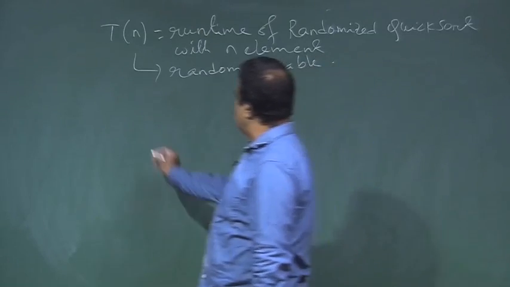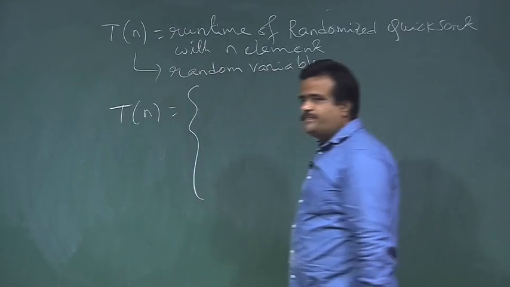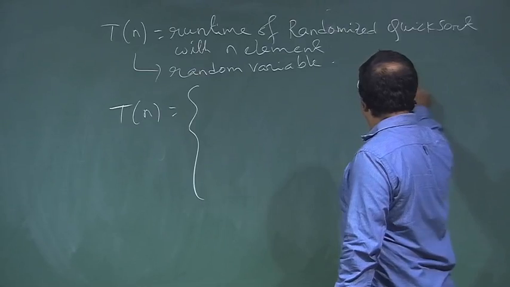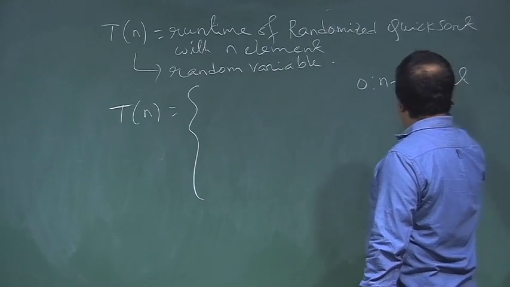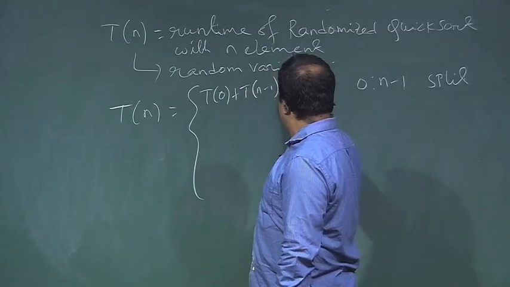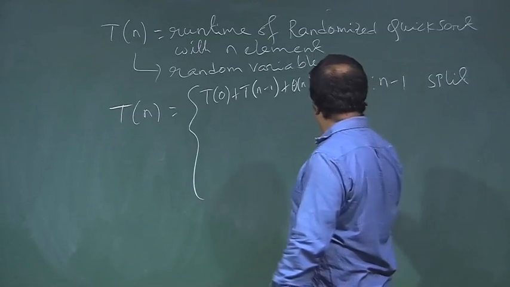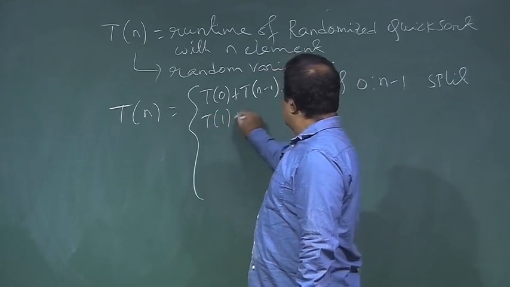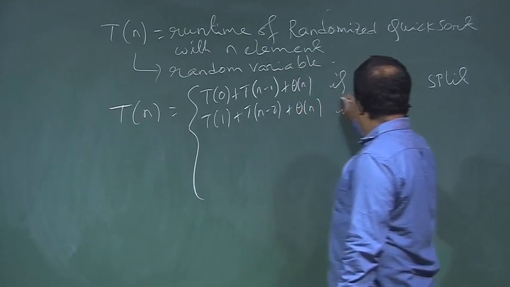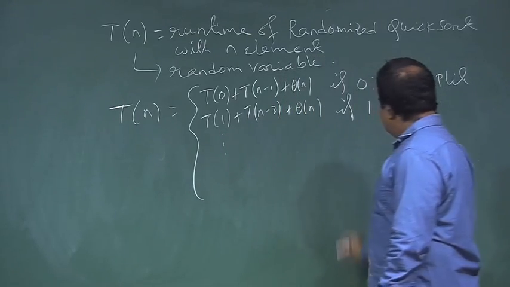So T(n) can be written in the following form. It depends on the partition. If the split is 0 to n minus 1, then T(n) is T(0) plus T(n minus 1) plus theta of n. Otherwise, if the split is 1 to n minus 2, then T(1) plus T(n minus 2) plus theta of n, and so on.